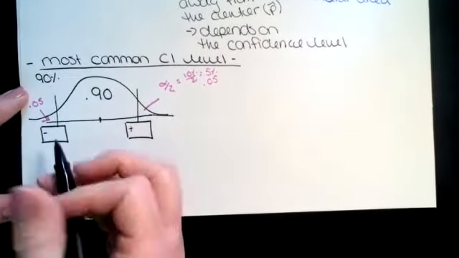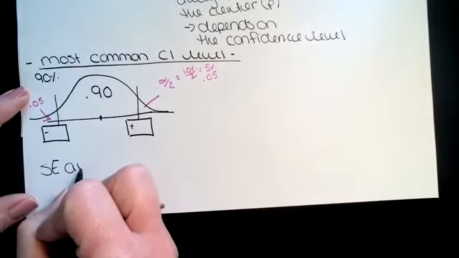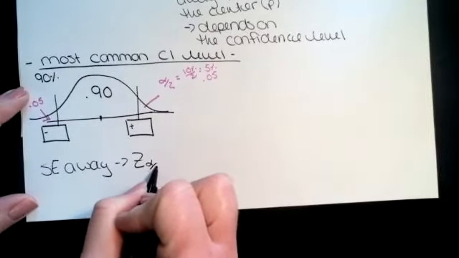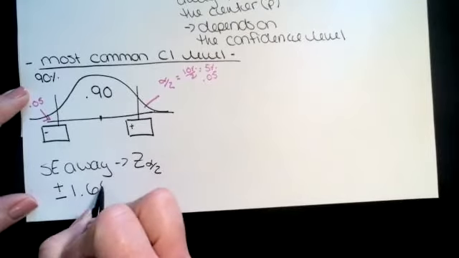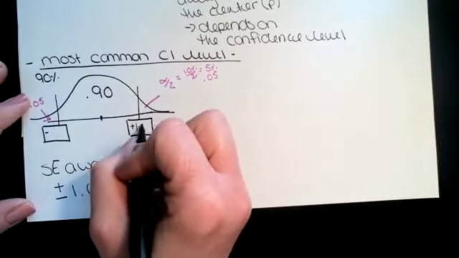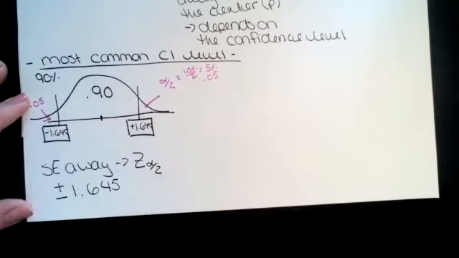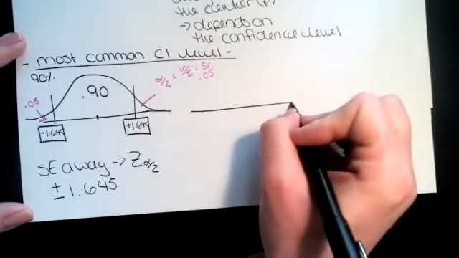So here, my standard errors away, which is my Z at alpha divided by 2, is going to be plus or minus 1.645. I'm writing it big there so we see it. You might see that this looks a little familiar from a couple weeks ago. That's my 90.